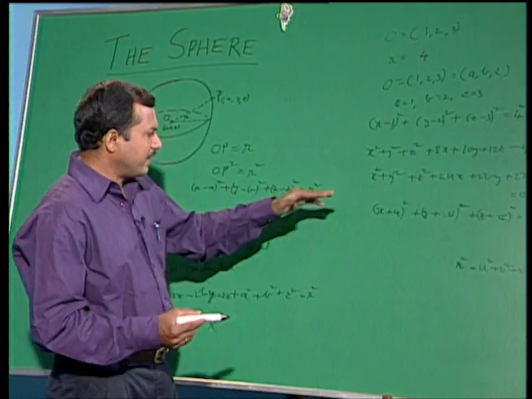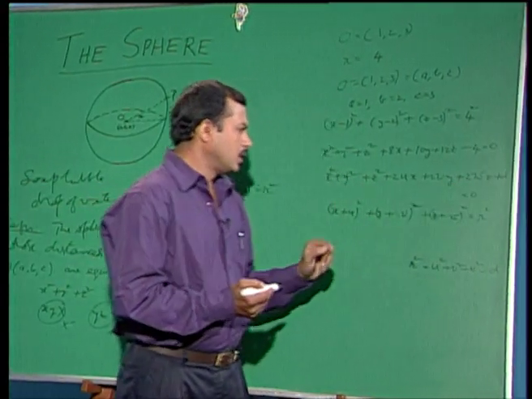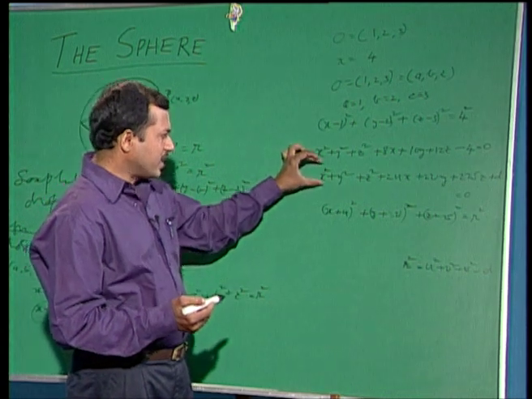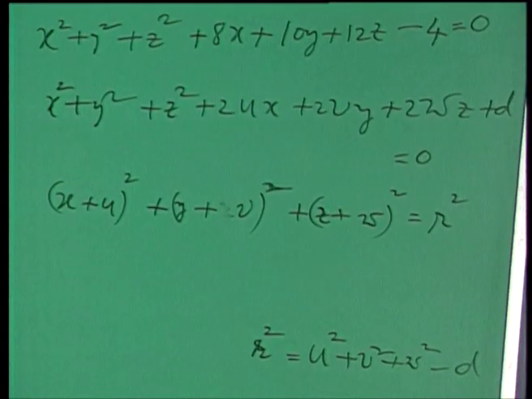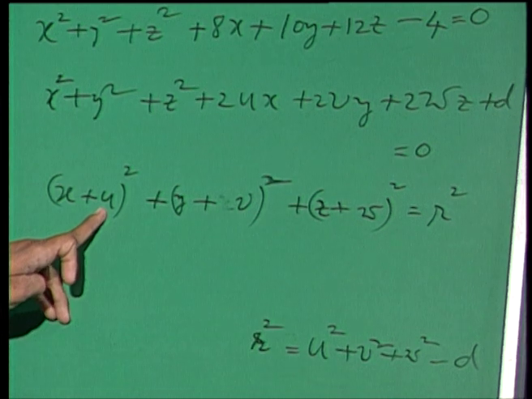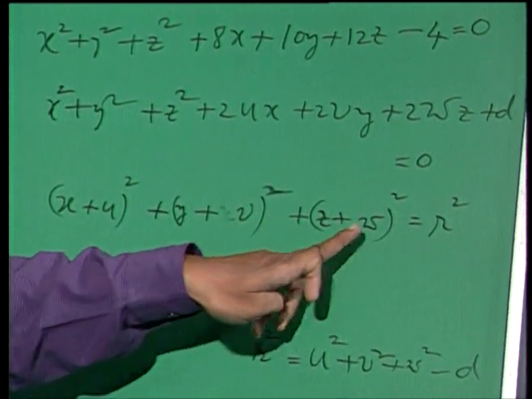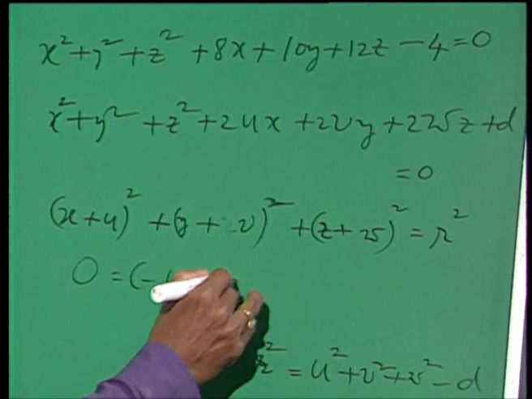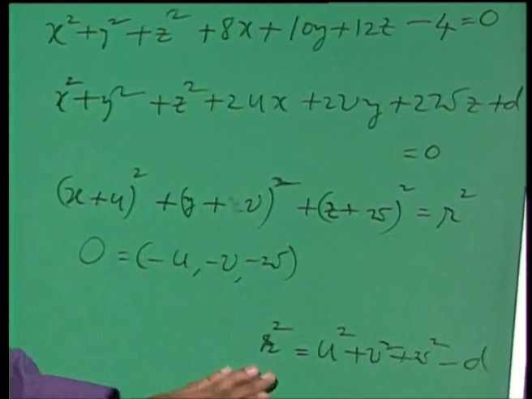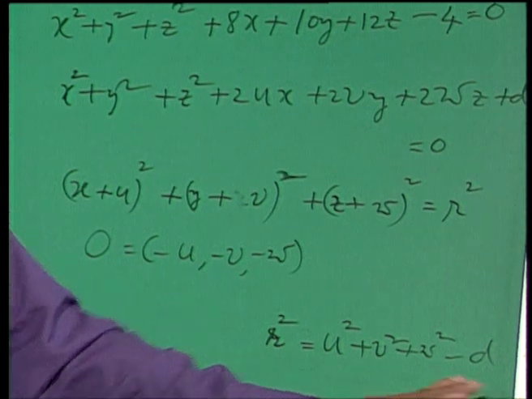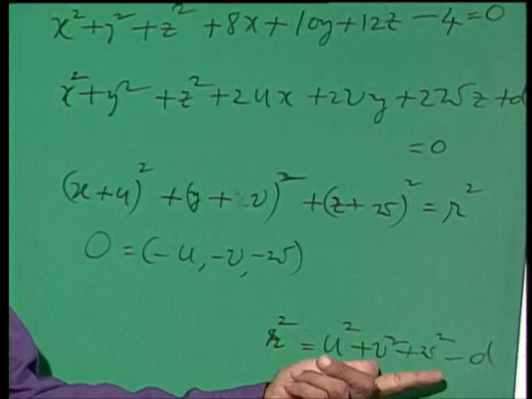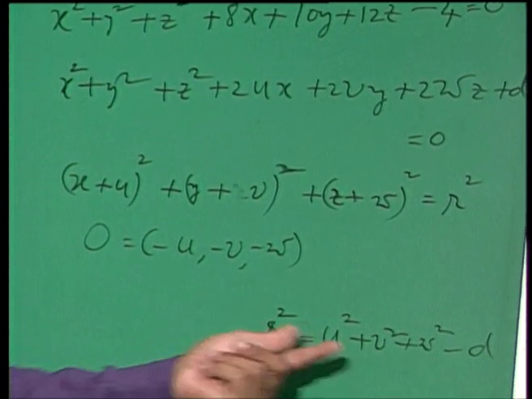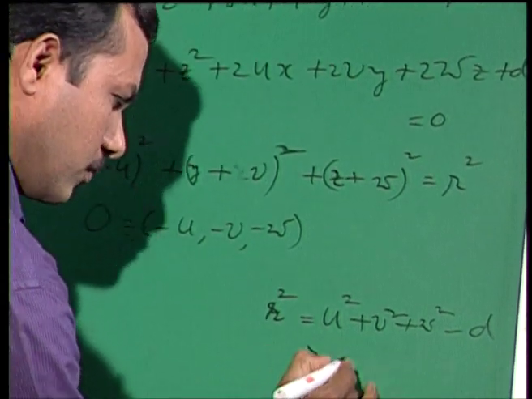So, whenever we are given this kind of an equation, then this equation represents a sphere having center as minus u, minus v, minus w, and radius becomes square root of this. This expression being r square, has to be greater than or equal to 0.